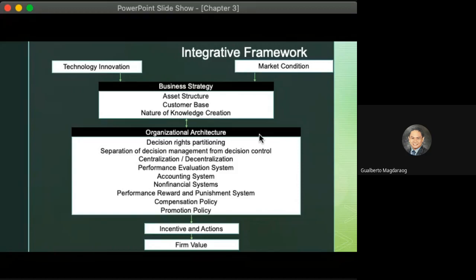Hindi tumaas yung reward na nabibigay mo dun sa mga employees mo. 1,000 over 100 ka pa rin even though 50 na lang yung laborers mo. So, this is just a simple example of how important to change also yung compensation policy.